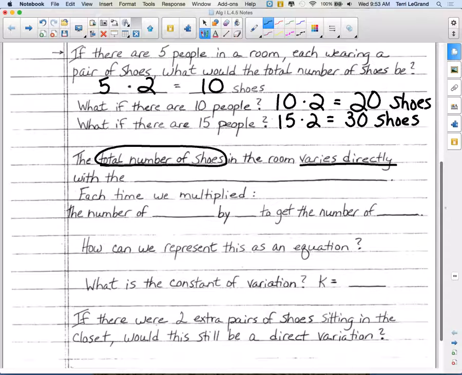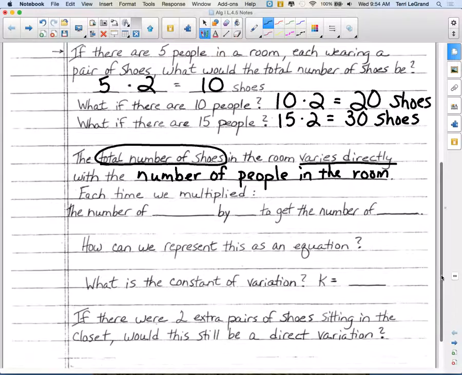In other words, it is determined by the number of people in the room. So you can get how many shoes are in the room by knowing how many people are in the room. The number of shoes varies directly with how many people are in the room.